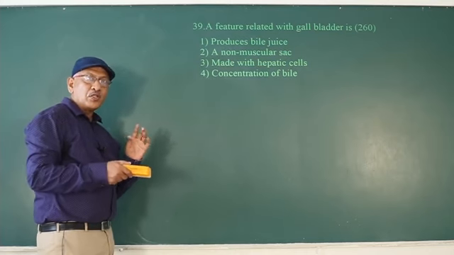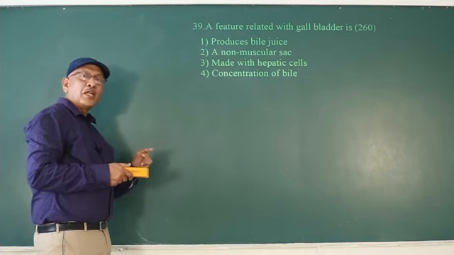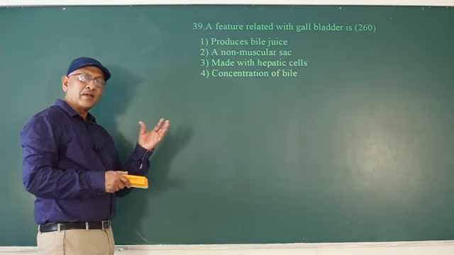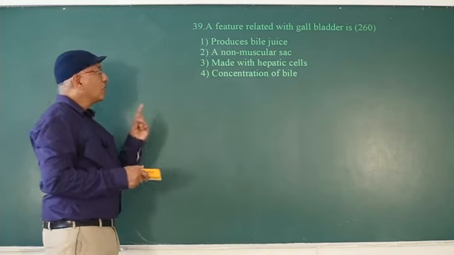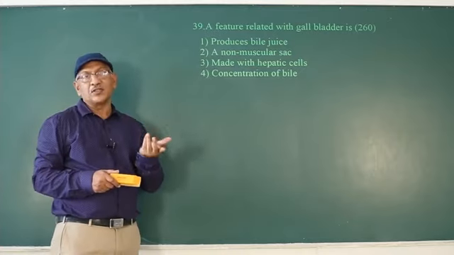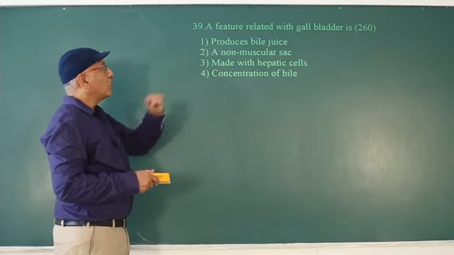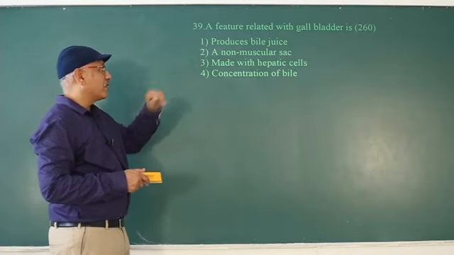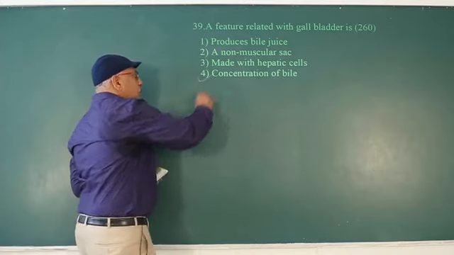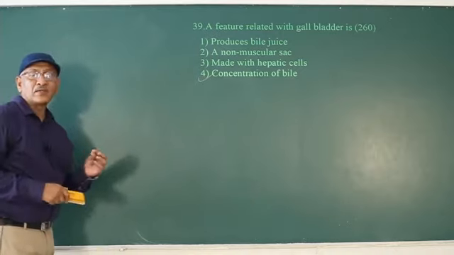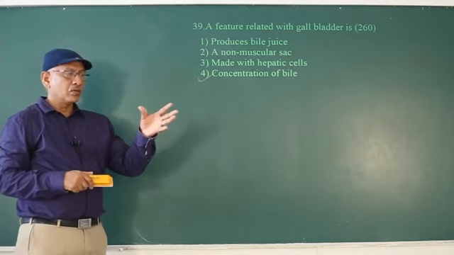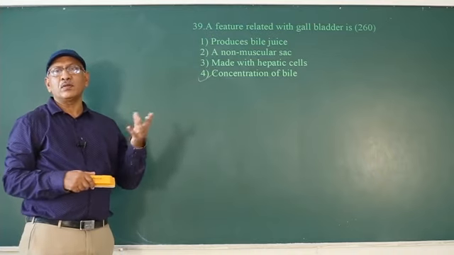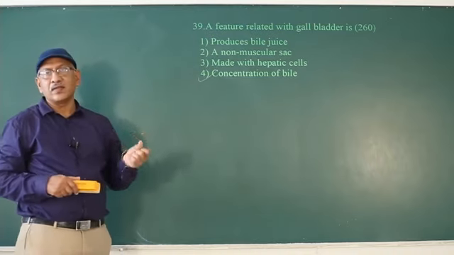By the action of cholecystokinin, which the duodenal mucosa releases, the gallbladder contracts. Contraction means it should possess muscles. So non-muscular sac is wrong, made with hepatic cells is wrong. It only concentrates bile and temporarily stores the bile juice. So it is related to concentration of bile.